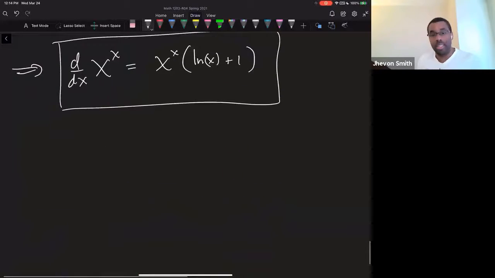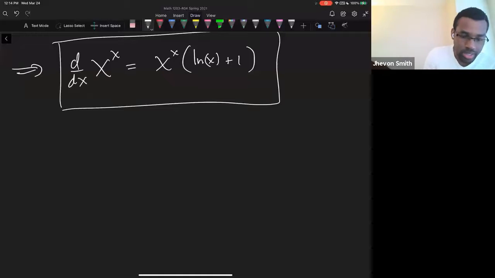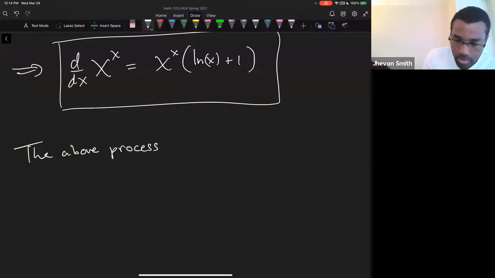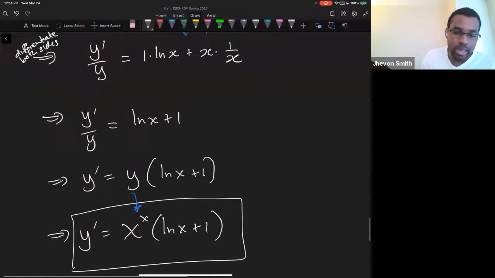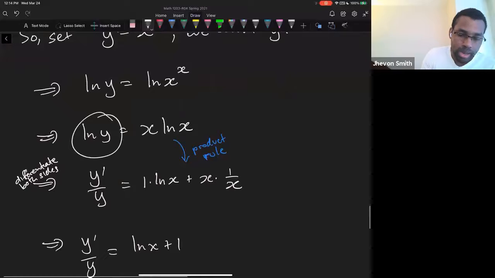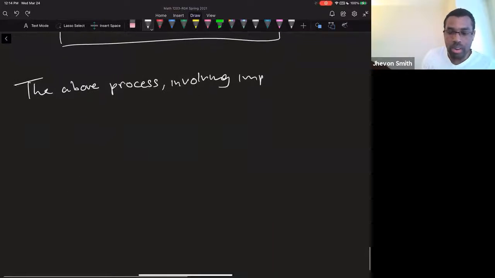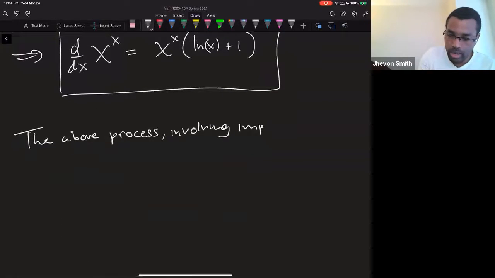Now, what I did not tell you at the time was that what I was doing was actually a method. And that method is the next section, right? The above process involves implicit differentiation, of course, because you see when I differentiated a y term I had to multiply by a y prime. So it involves implicit differentiation, but it's geared towards a very special idea.